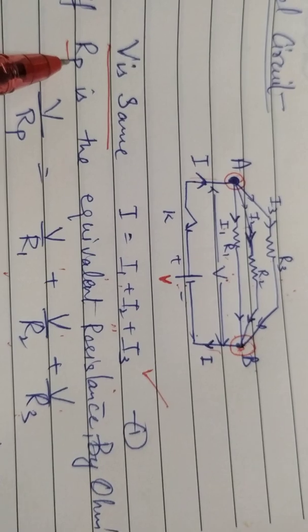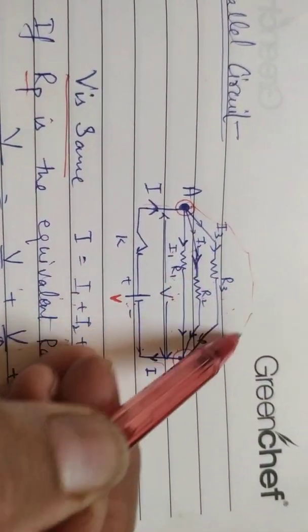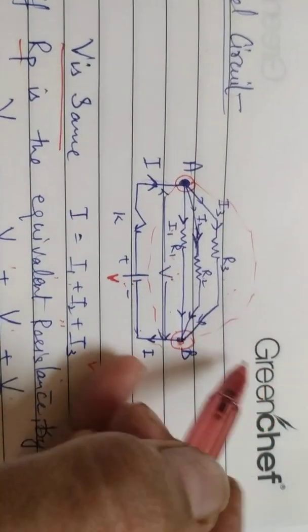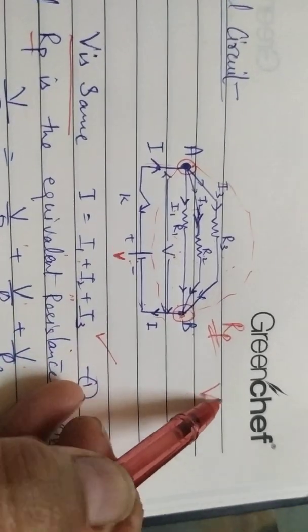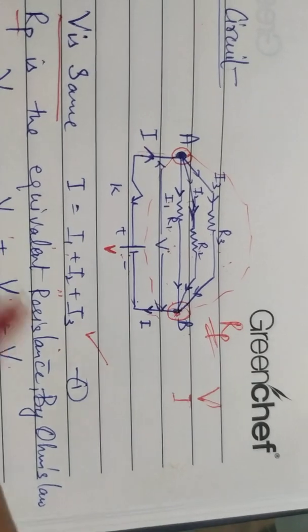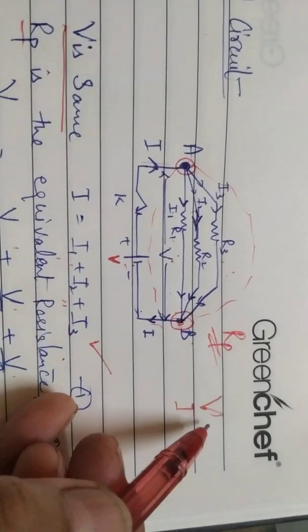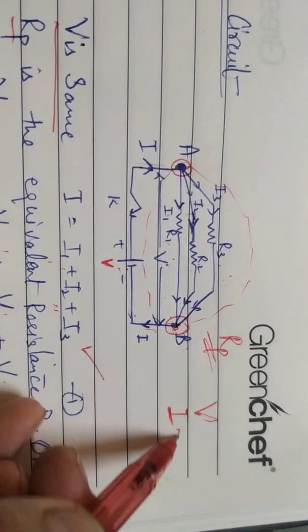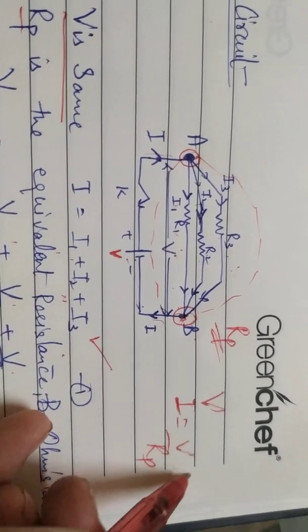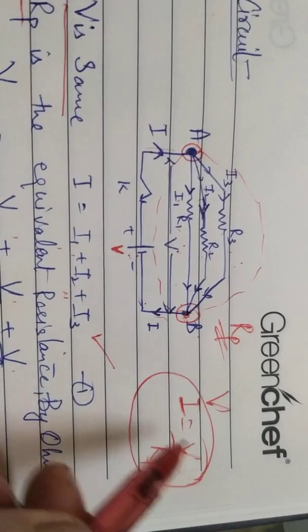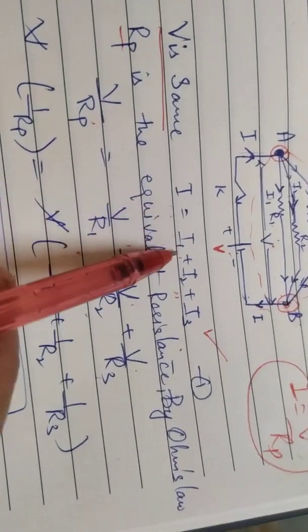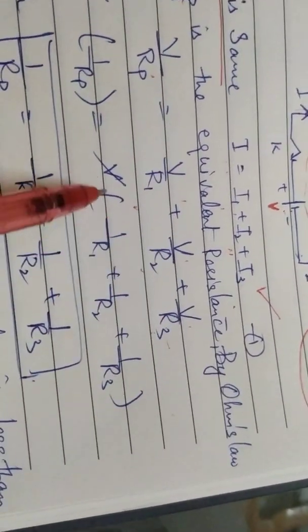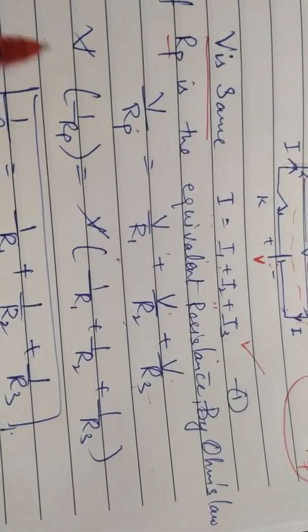And if Rp is the equivalent resistor, the total resistance of this circuit, let us say some value Rp, then total voltage is V, total current is I, so I will be V upon Rp for the net resistance. So I will substitute I's value here and I1, I2, I3's values. V will be taken out and cancelled out.